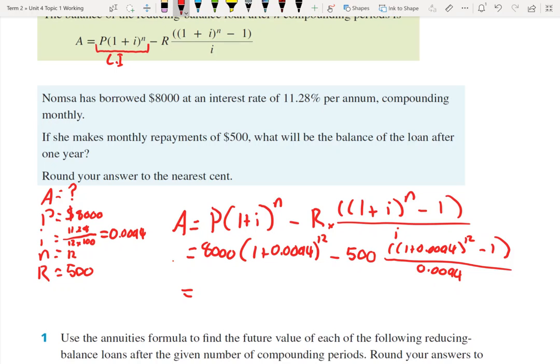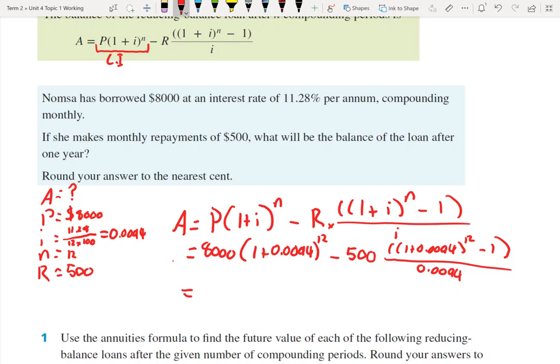8,000 bracket 1 plus 0.0094 close bracket to the power of 12 minus 500 double bracket 1 plus 0.0094 close bracket to the power of 12 minus 1.